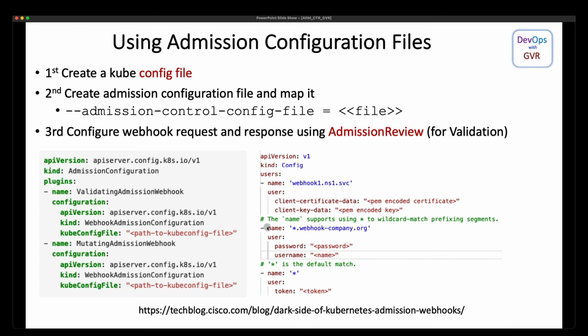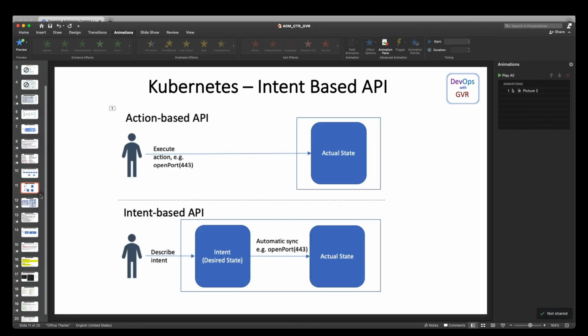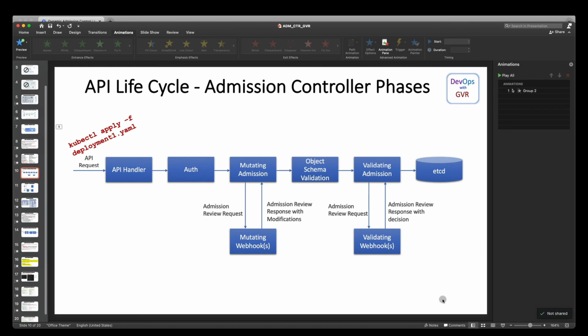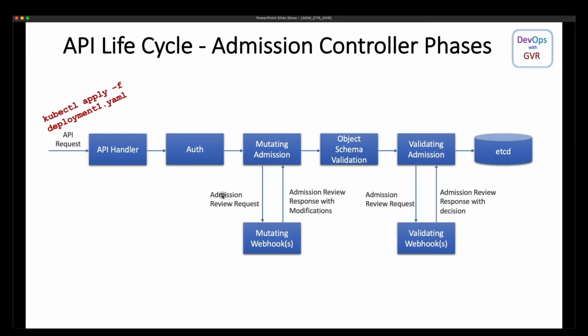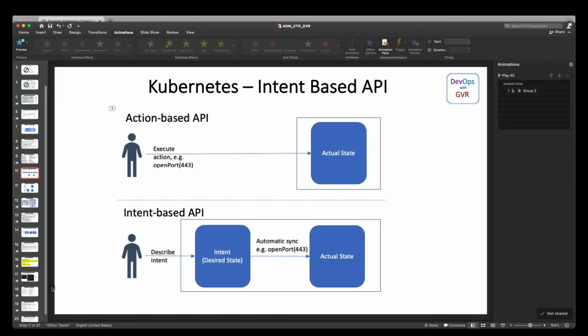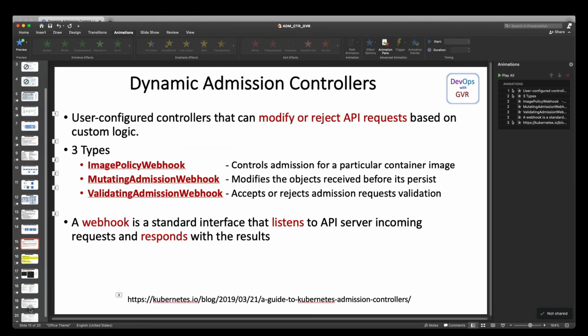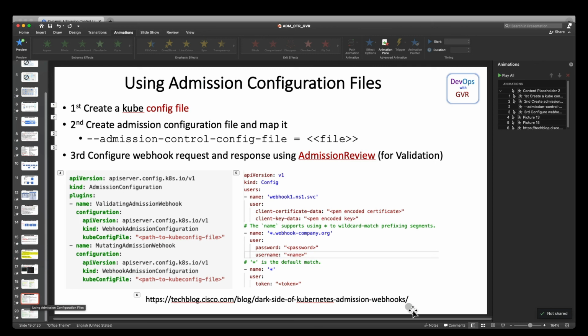If you look at my previous slide, there is the admission review request and the admission review response with the modification. So who is doing the modification here? The mutating webhook is doing it, but when? During the request or the response? That's what I mean.